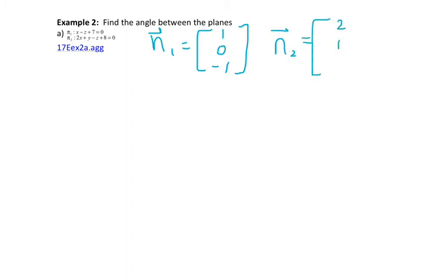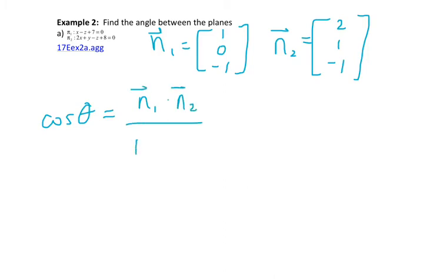So normal 1 is 1, 0, -1. Normal 2 is 2, 1, -1. And so I'm going to say that cos theta is n1 dot n2 divided by length n1, length n2.